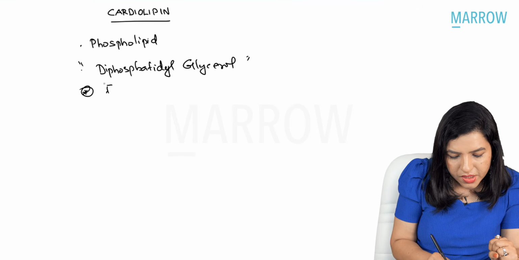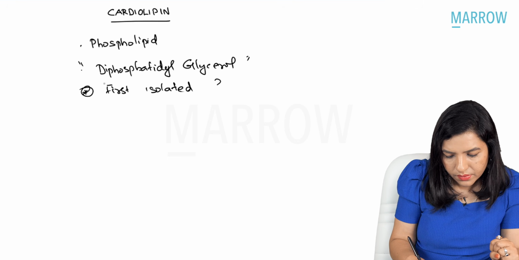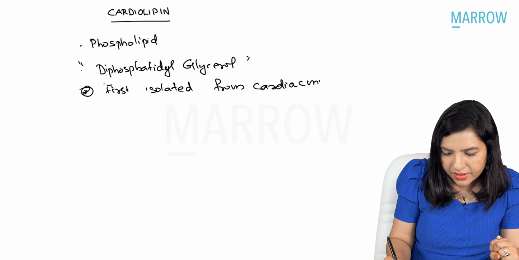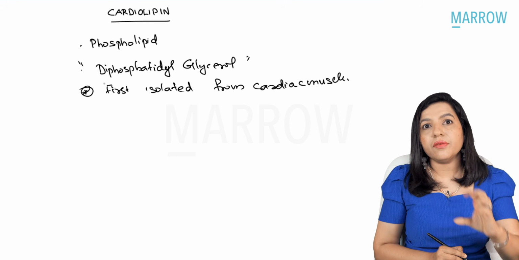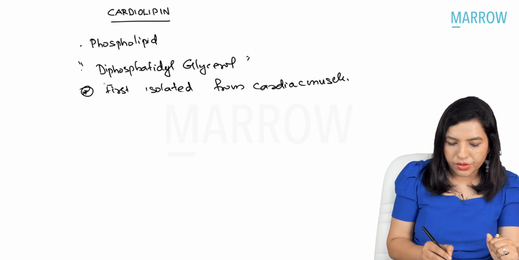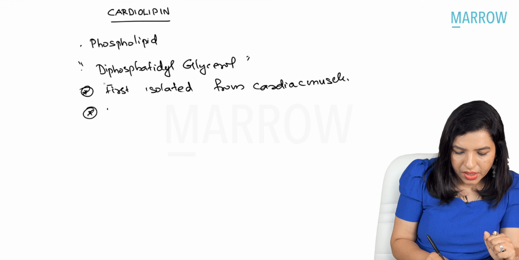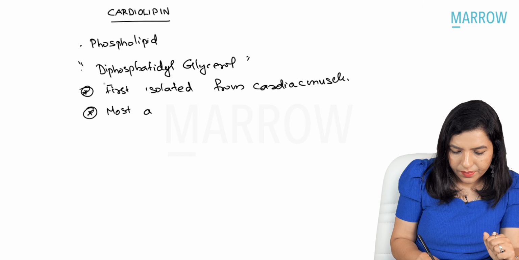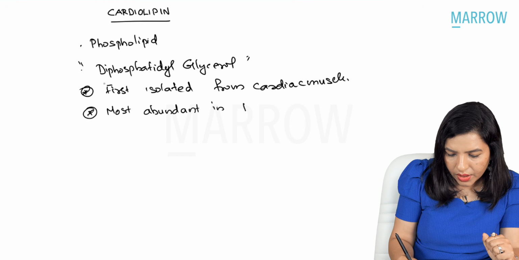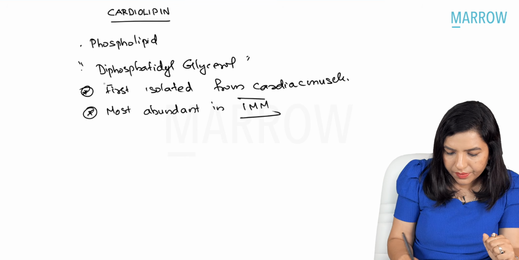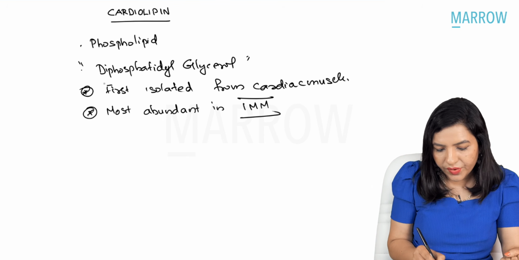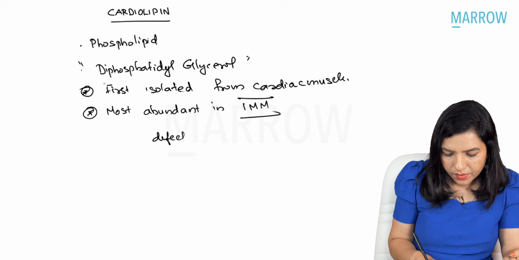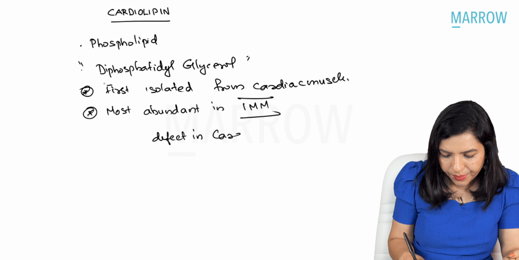Because it was first isolated from cardiac muscle. Okay. Then why is it related to a mitochondrial disorder? Because it is most abundant in the inner mitochondrial membrane.